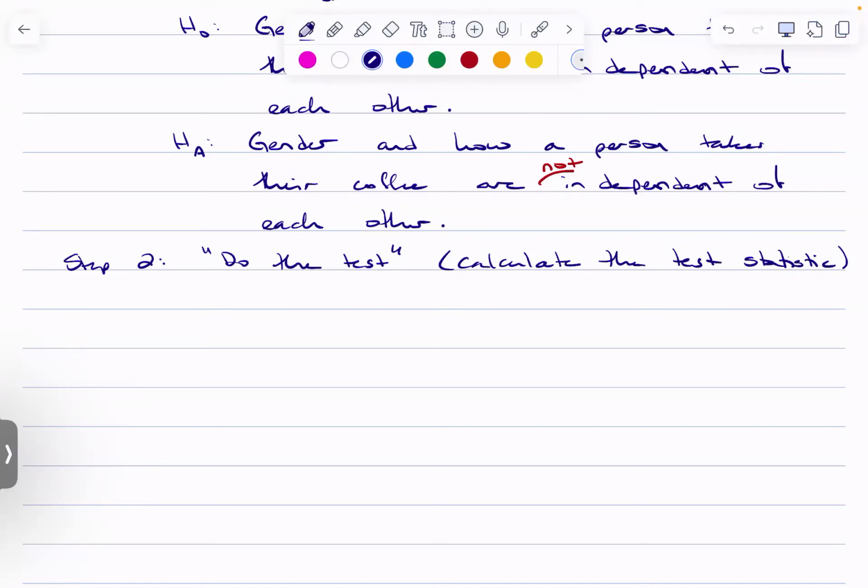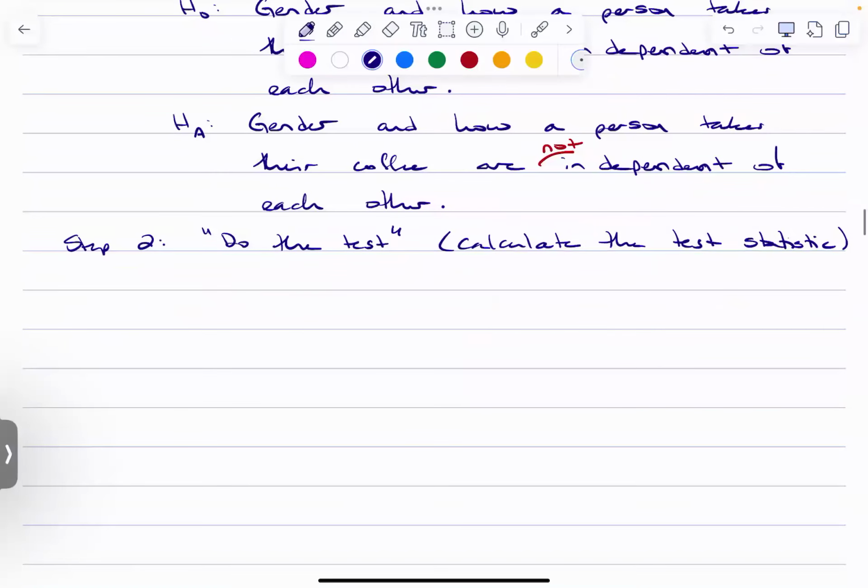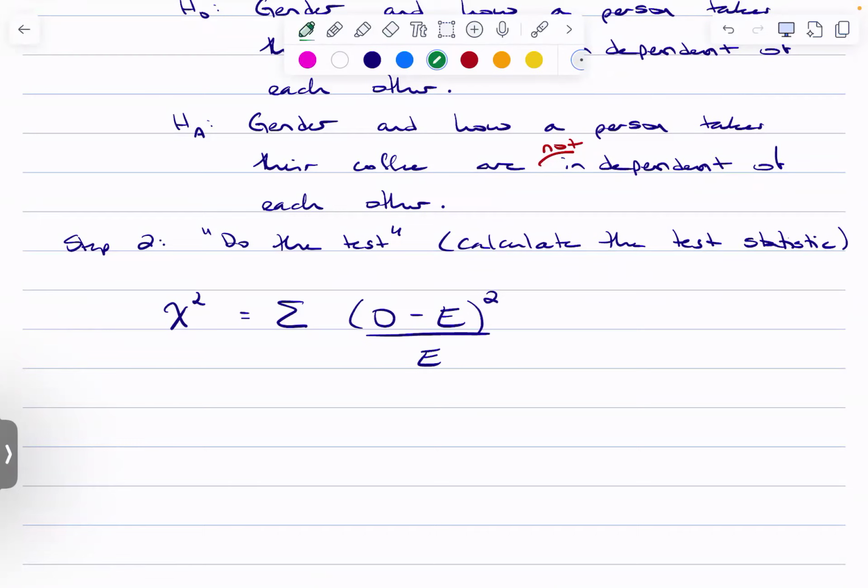So the test statistic for a chi-squared test of independence, right, is, okay, a chi-squared in general is the sum of the observed minus the expected squared over the expected. Clean up the square. Which means I need, so I have my observed counts, but now I need my expected counts.